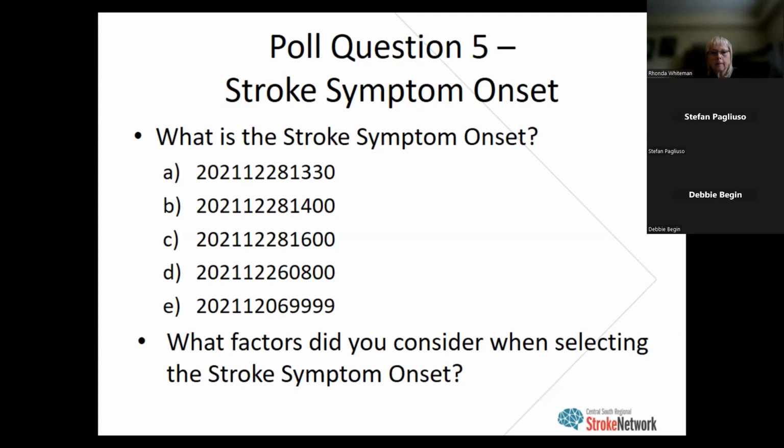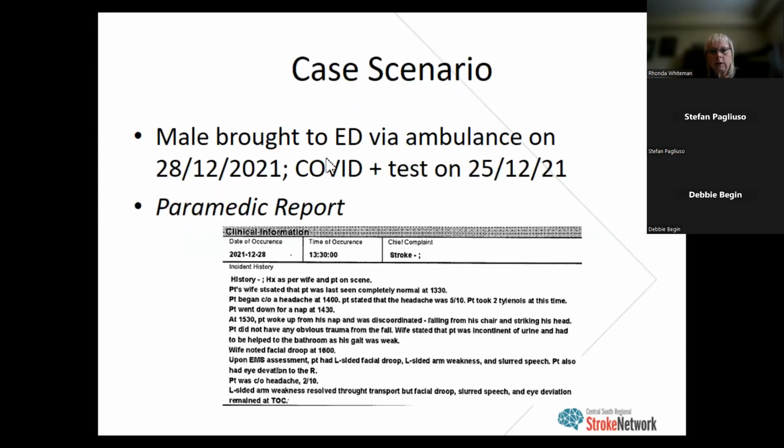Rhonda, are you able to go back to the ambulance slide? Oh, sorry. Yeah, thank you. I appreciate that. I'll move this down. I'll try and move this up so people can see. Hopefully people can see the ambulance slide.